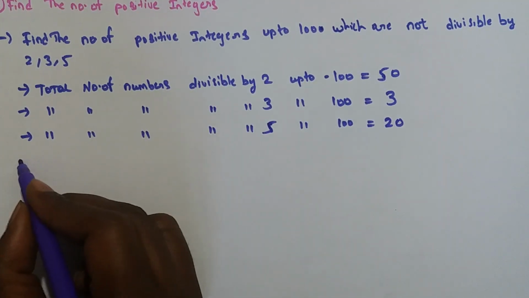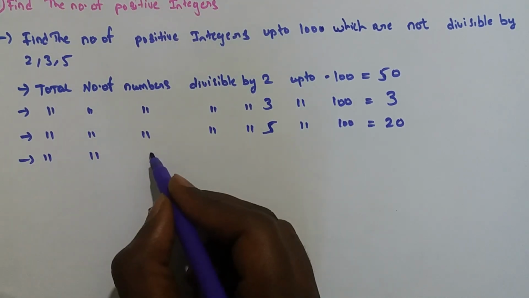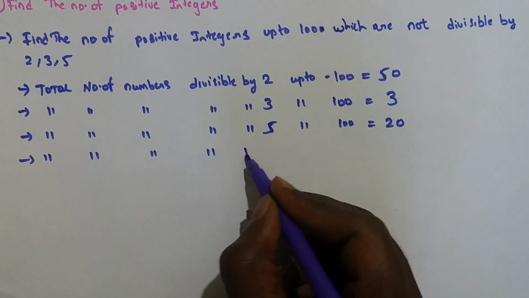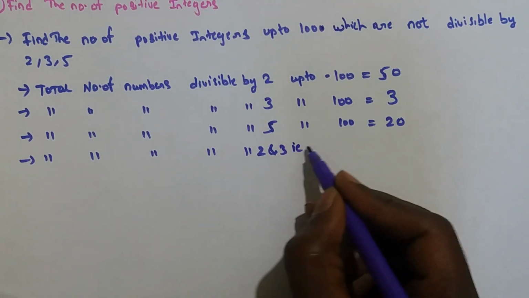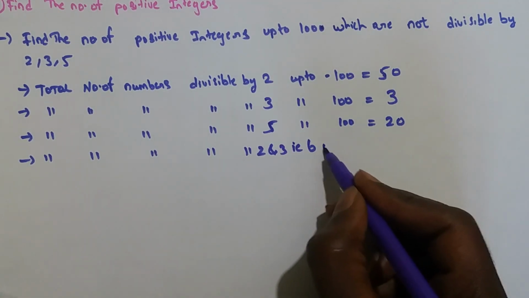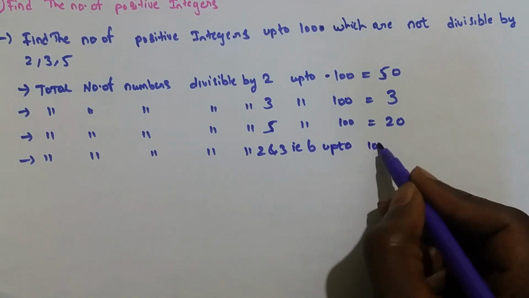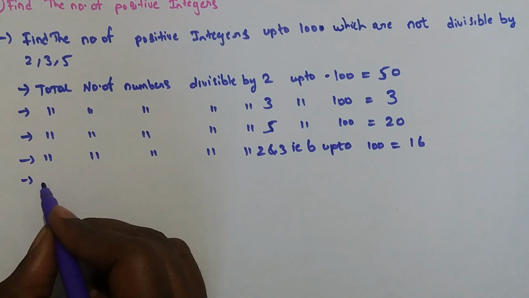Okay, another one. Total number of numbers divisible by 2 and 3, that is 6, up to 100 is equal to 16. Again another one.